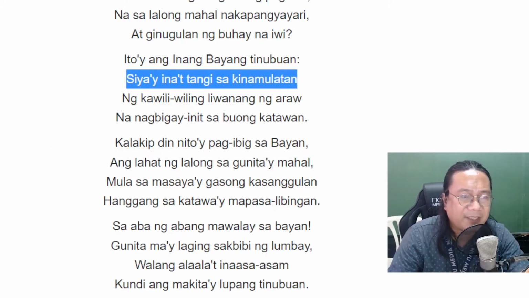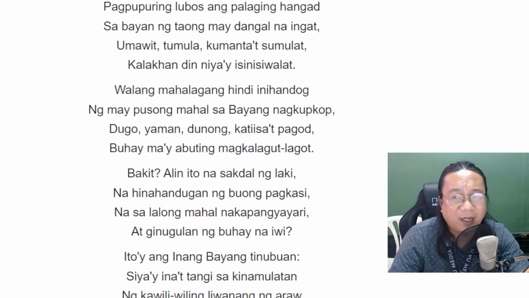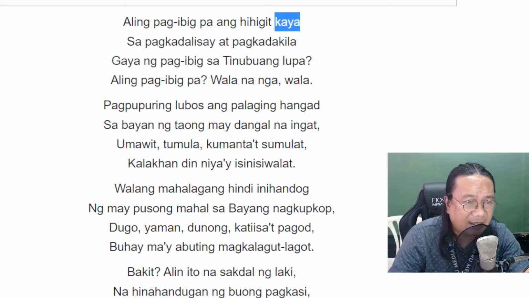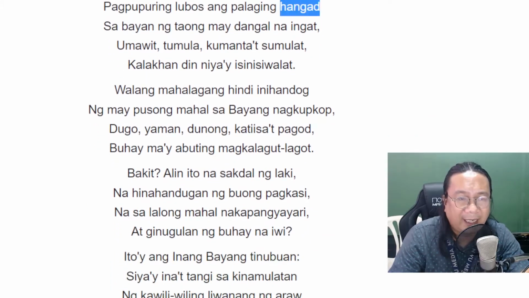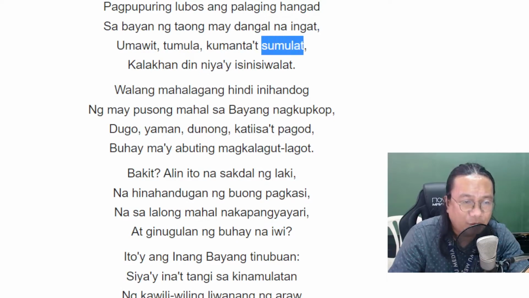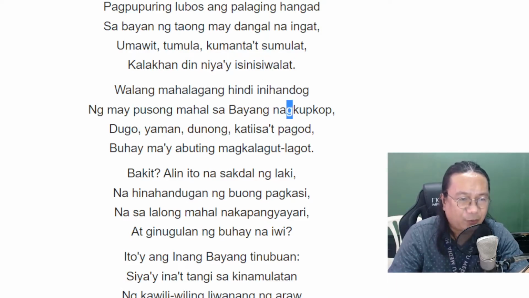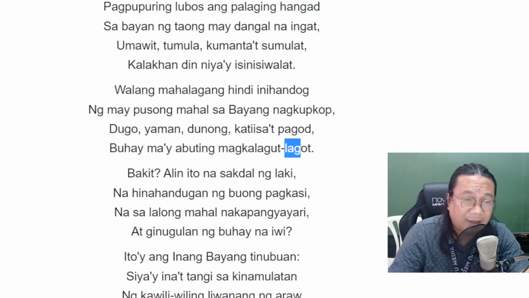Tignan natin ang rhyme scheme ni Andres Bonifacio. Ano ang mga magkakatugma? O kaya, dakila, lupa, wala. Then we move on to hangad, ingat, sumulat, isiniwalat. Okay, handog, kupkop, pagod, lagot. So ito naman yung kanyang rhyme scheme.